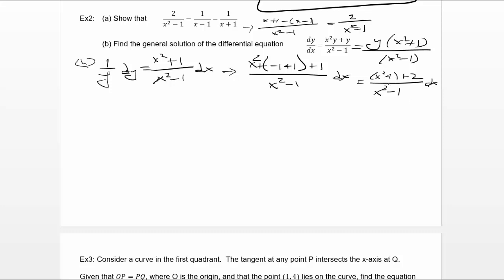And x squared minus 1 over x squared minus 1 is just 1. It's constantly 1. So by this nice little trick, being led to it by part A, I'm left with 1 plus 2 over x squared minus 1.